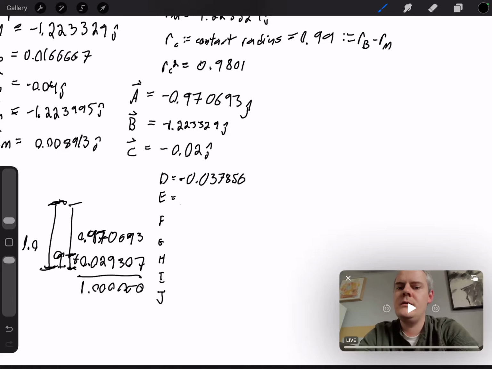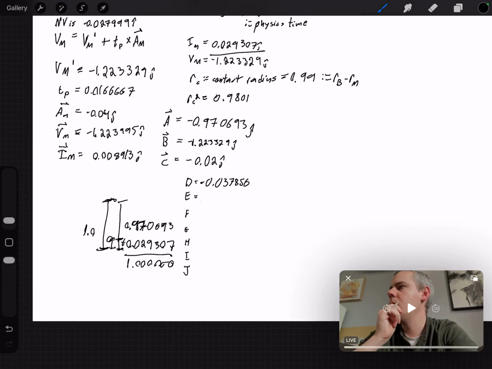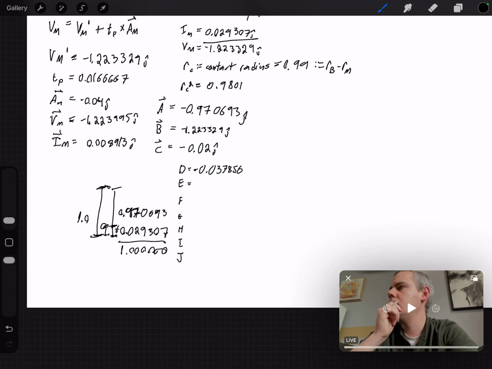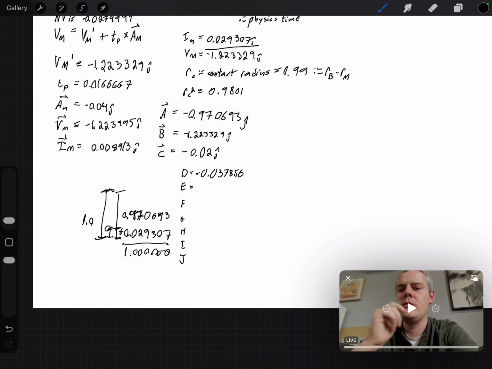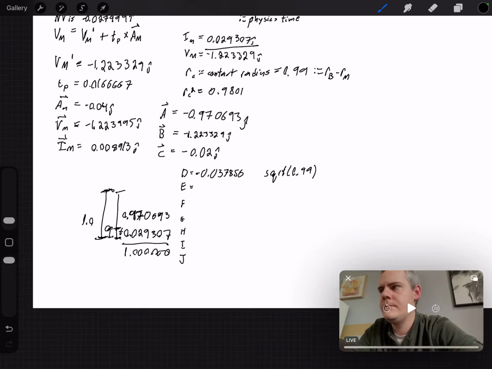So that should probably be the square, maybe. And I'll step through a bit more, see if this makes a bit more sense. But what are the other values?